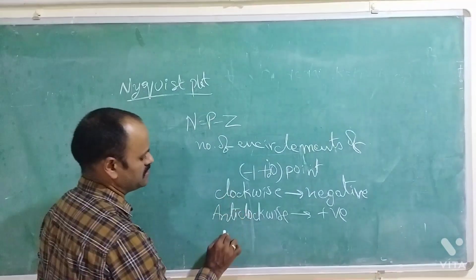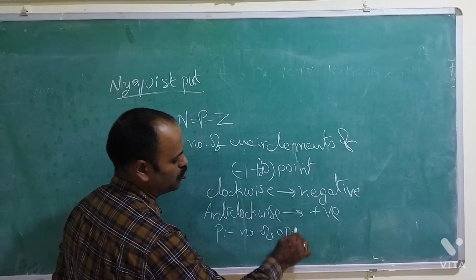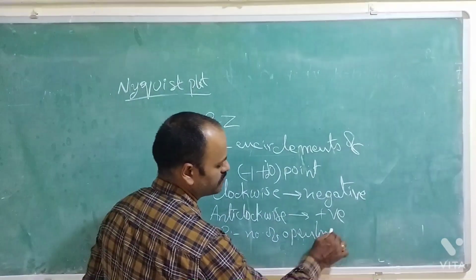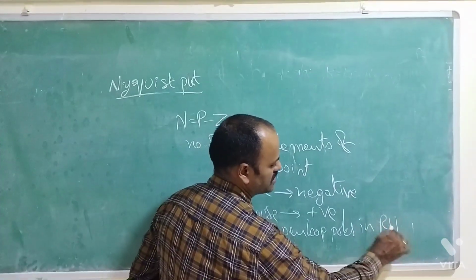And here P is the number of open loop poles in the RHS of the S-plane.